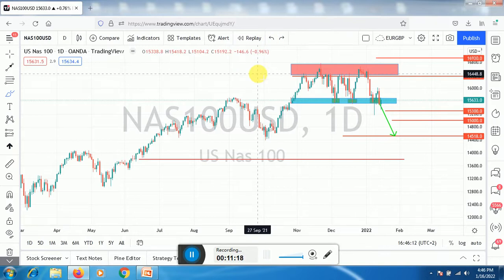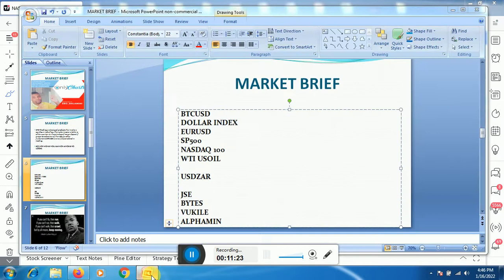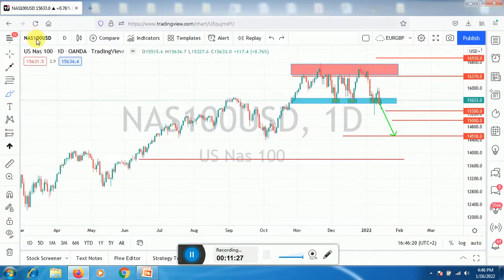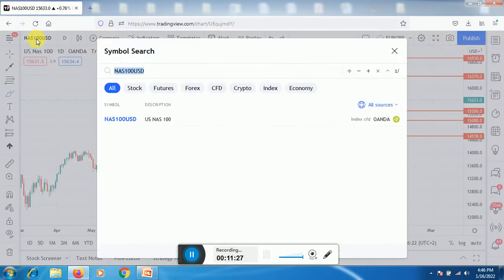So the next one we need to look at is oil. Let's check out what oil is doing. US oil.